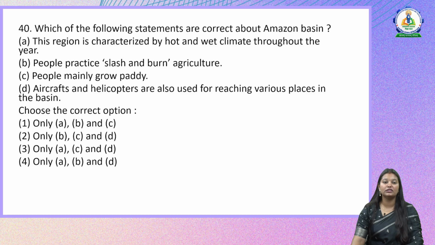So here if you see, some of the statements are true and only one of the statement is false. So based on the kind of climate it is having, it will not be suitable for growing paddy. So the right answer here would be only A, B and D statements are true, and the statement C, that is people mainly grow paddy, is false about the Amazon basin. Let us move on to the next question.